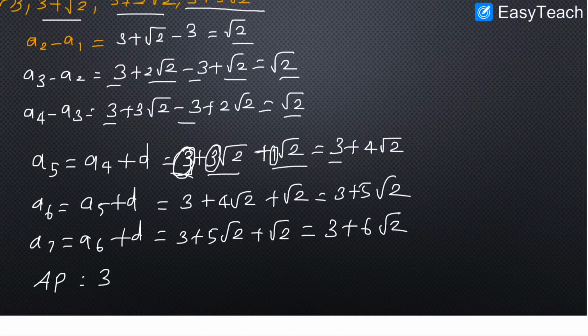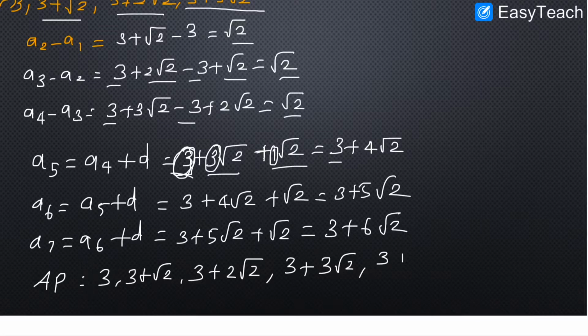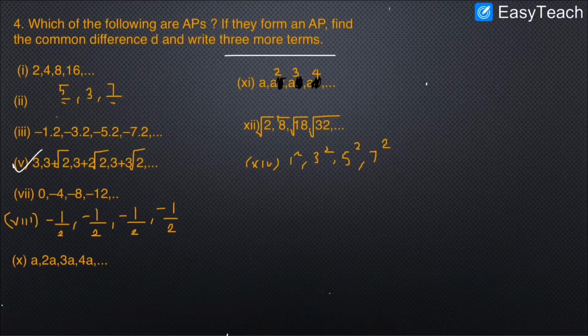So the AP is now 3, 3 plus root 2, 3 plus 2 root 2, 3 plus 3 root 2, 3 plus 4 root 2, 3 plus 5 root 2, and 3 plus 6 root 2.